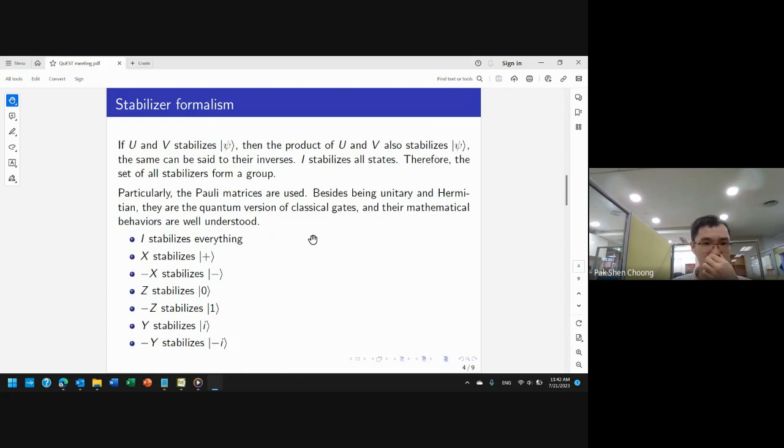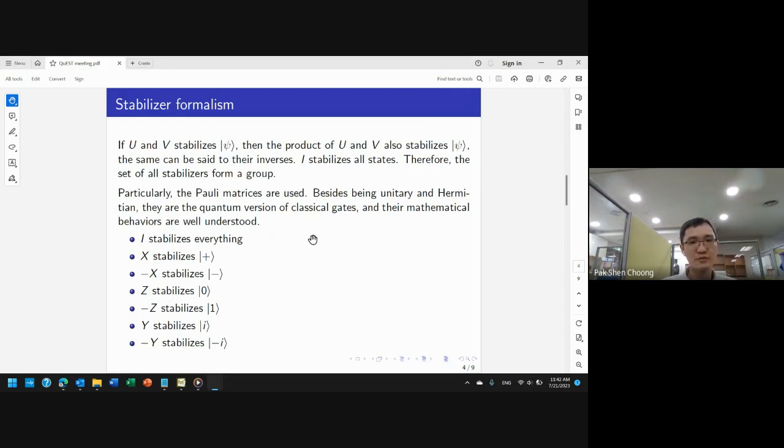If we have U and V that both stabilize your quantum state, then their product will also be a stabilizer, and the inverse will also be a stabilizer, and the identity matrix stabilizes everything.